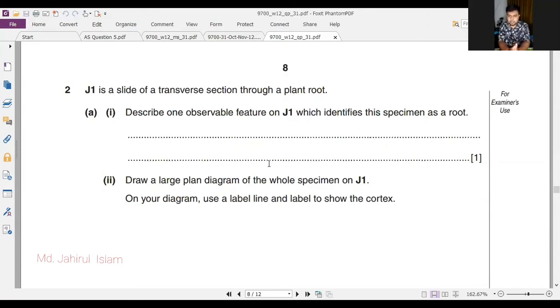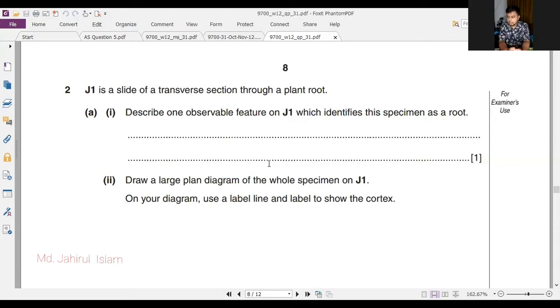So you will do this question. At first you will observe that slide and then you will plan yourself how to draw it. Planning means that you will spend at least 1 or 2 minutes to identify different tissue, and then plan how you can draw it.